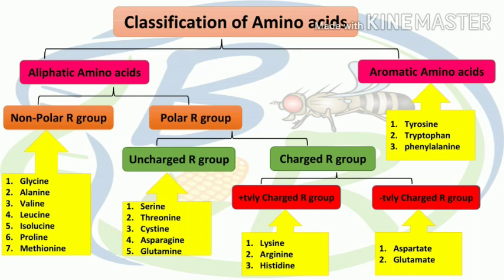The uncharged R group includes 5 amino acids: serine, threonine, cysteine, asparagine, and glutamine. The charged R group can be positively or negatively charged. The positively charged R group includes lysine, arginine, and histidine, and the negatively charged R group includes two amino acids, aspartate and glutamate.